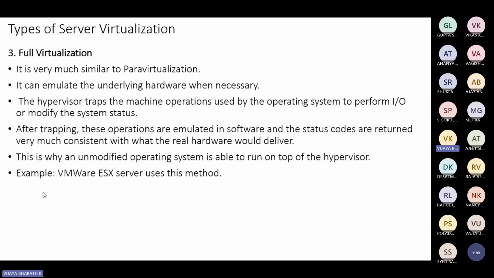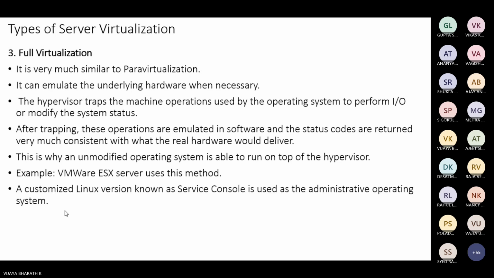An example is the VMware ESX server, which uses this method. You can have a customized Linux version on a service console and use it as the administrative operating system. But this is not as fast as para virtualization.